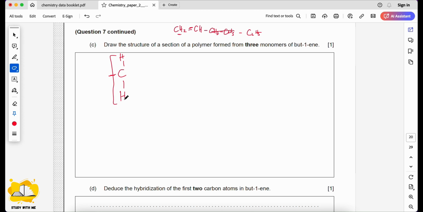Don't forget the bracket, and then CH2, CH, so it's not a double bond anymore, and C2H5. It's 3 monomers, so we just repeat 2 more times. And don't forget n.